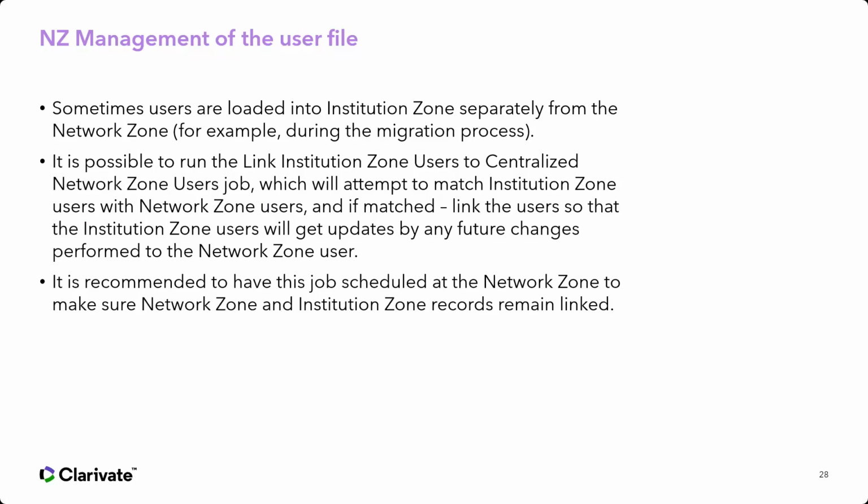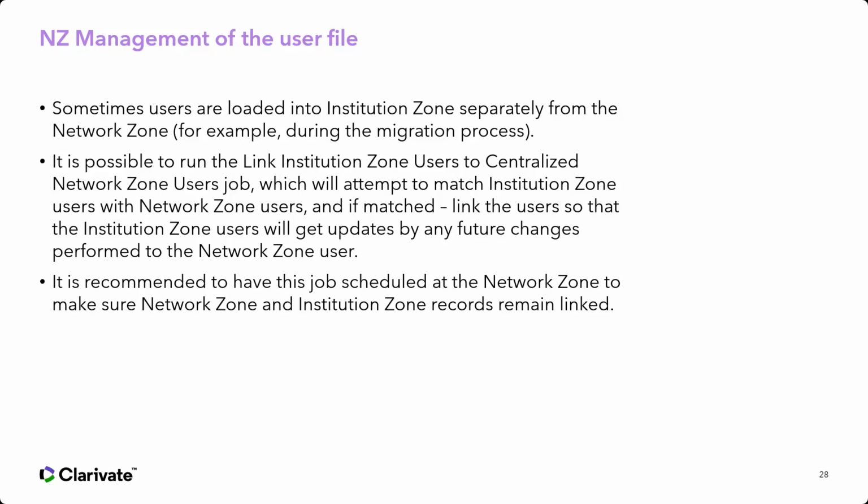This can break at times. A classic scenario I've seen is where accounts were created mistakenly at the institution before they were created at the network zone. The result is that we have a network account and a local institution account that are disconnected.